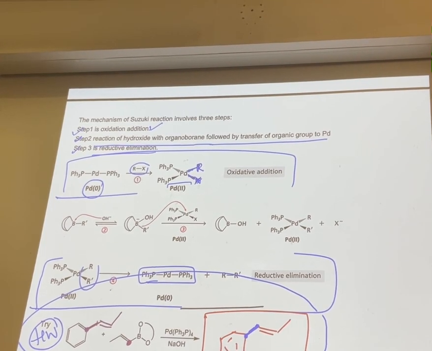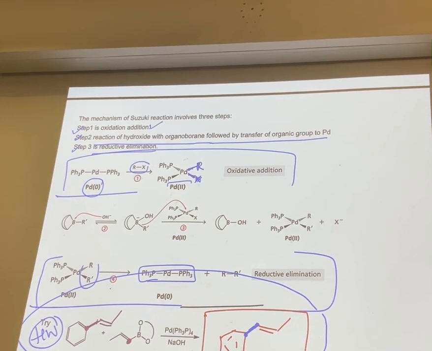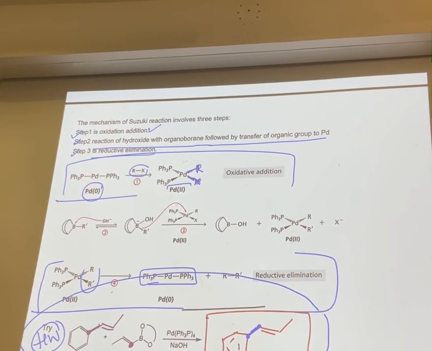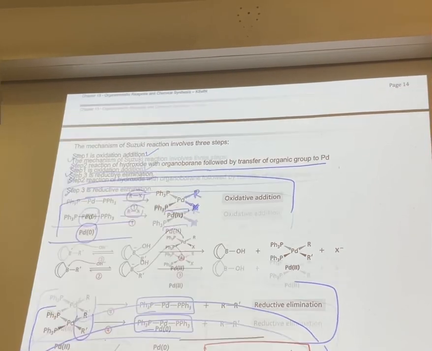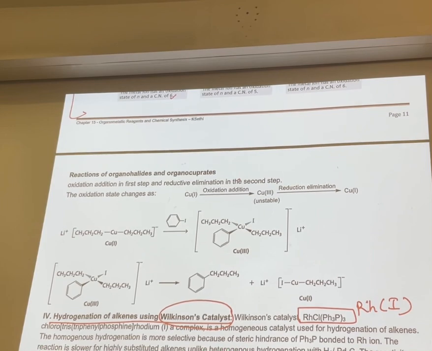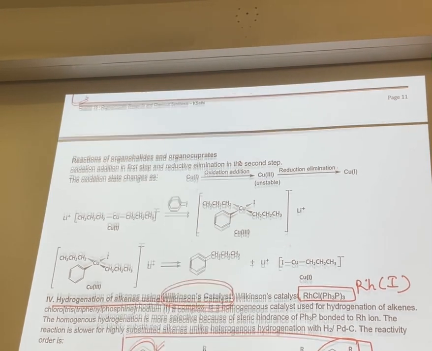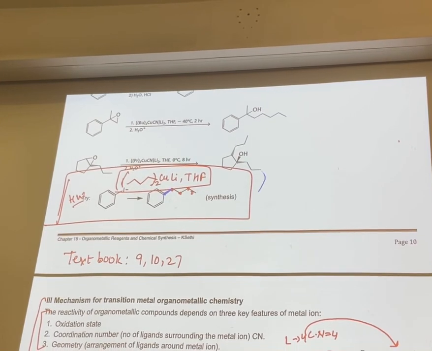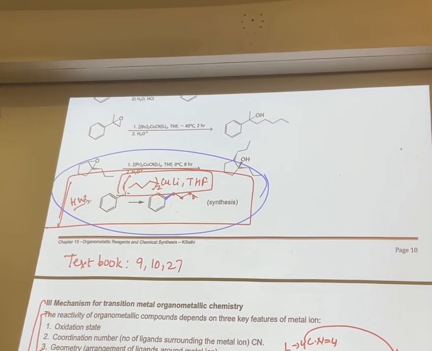Did you see a carbon-carbon bond? Did we use lithium here? No. So this is carbon-carbon. Where else did you make a carbon-carbon bond? Right over here. Look, I made a carbon-carbon bond.